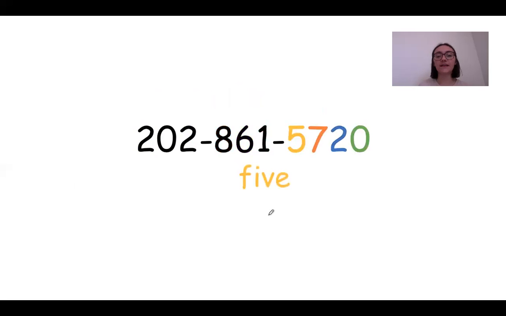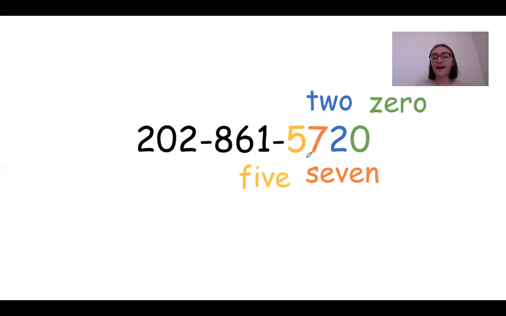Okay, so the last numbers, 5, 7, 2, 0. 5 is spelled F-I-V-E, 5. 7, S-E-V-E-N, 7. 2 is spelled T-W-O. And 0 is spelled Z-E-R-O, 0.